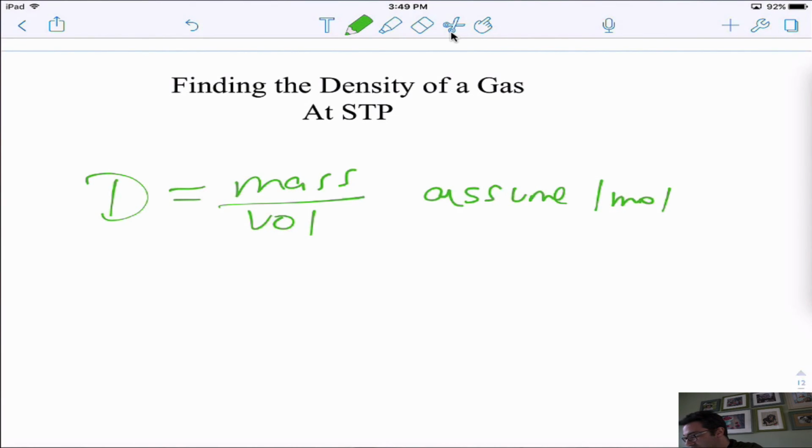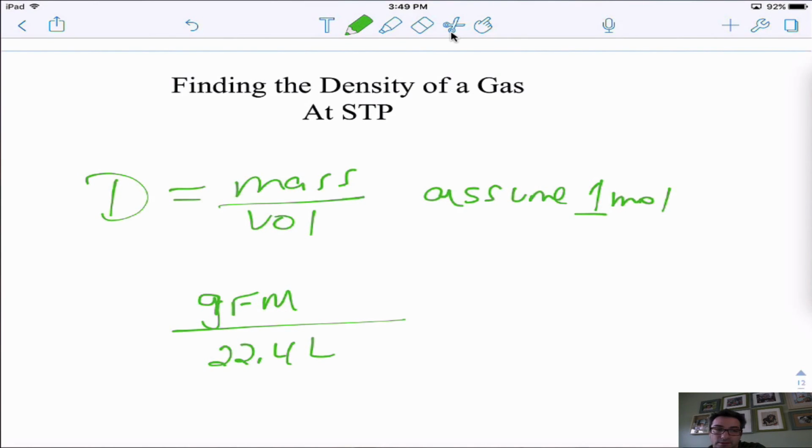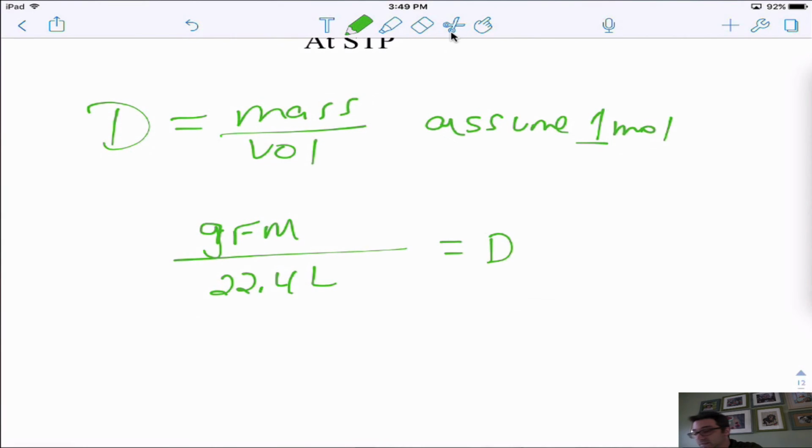By assuming 1 mole of the gas, the mass becomes the gram formula mass, or the molar mass as it's called, and the volume at STP becomes 22.4 liters. And this will equal the density of the gas. For example, if we had chlorine, the gram formula mass is 71 grams and the volume is 22.4 liters. If we divide them out, we'll get the density in grams per liter.